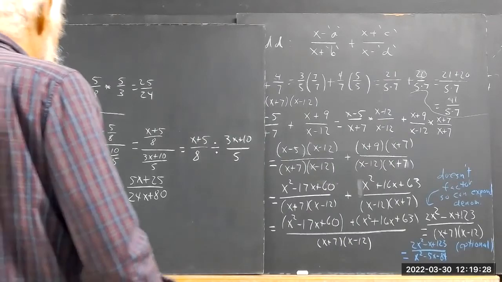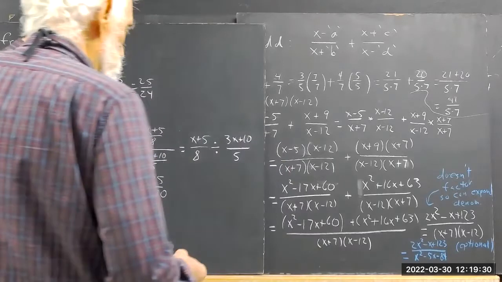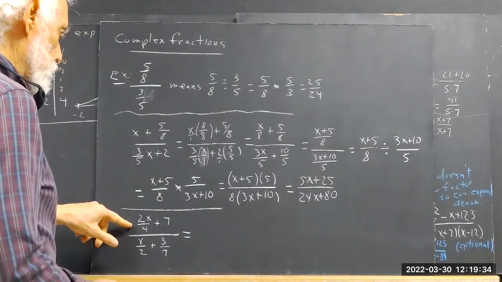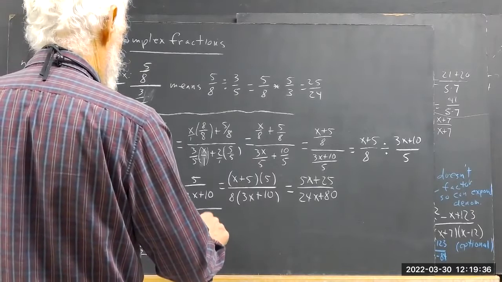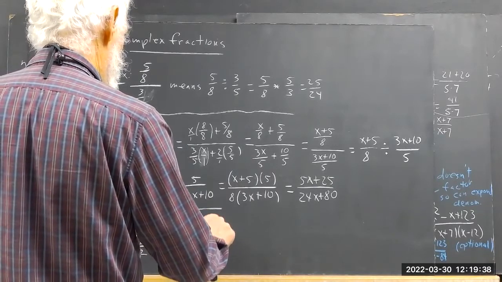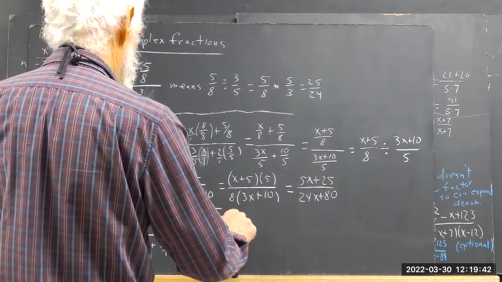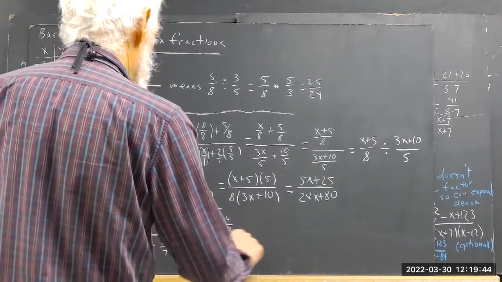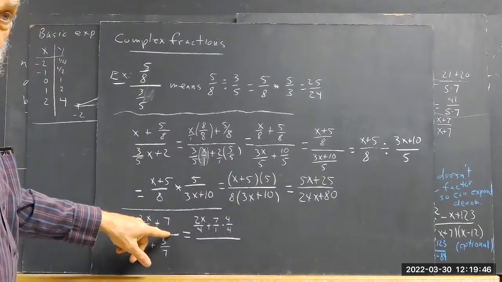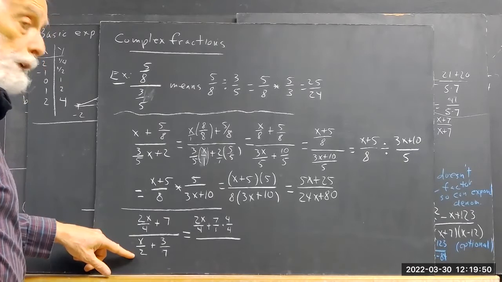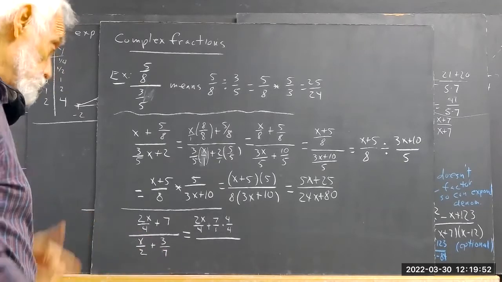Okay, we're short on time, so I'm just going to run through this quickly. But this is, common denominator is going to be 4, so we're going to multiply the 7 by 4 over 4. Common denominator down here is going to be 2 times 7, which is 14.